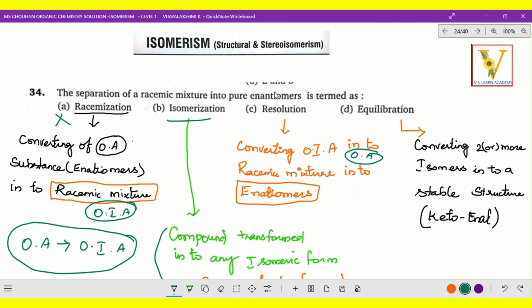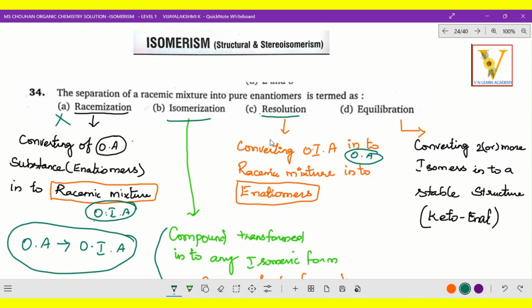And the third one, resolution. As you are seeing, the word resolution. What is your resolution? You want to be in IIT, right? So that is your resolution. Yes, I have to plan to study all these things. So you are having your own resolution.